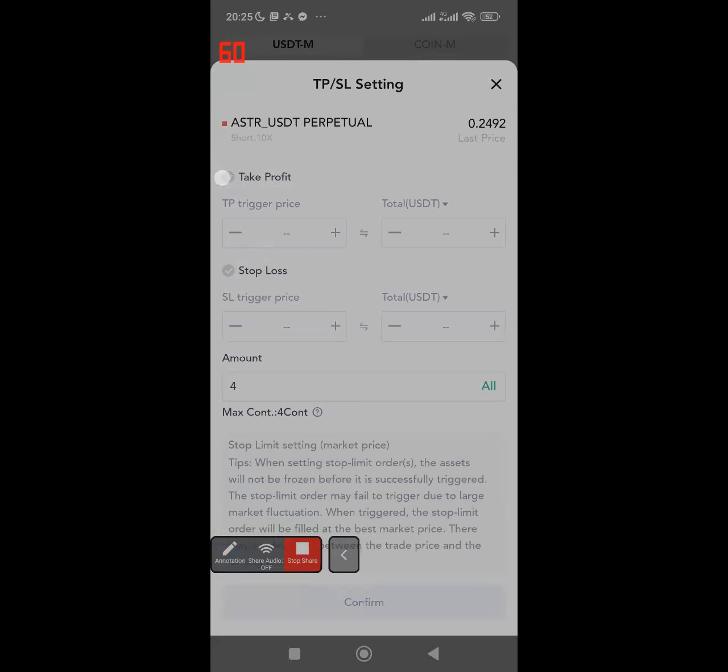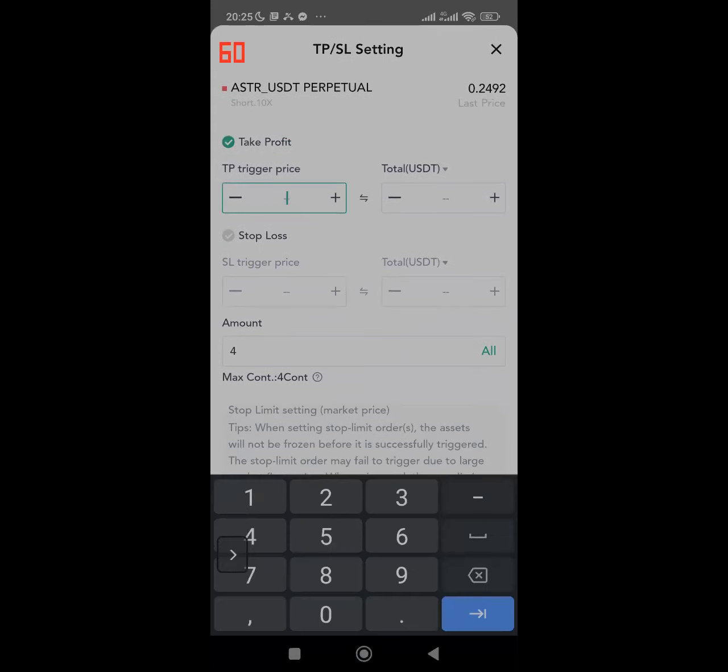To do that, I click here. You see it's now in a green color, and I can tap in this box. I also want to set the stop loss. I click here too, and I can also type. Now look at this.